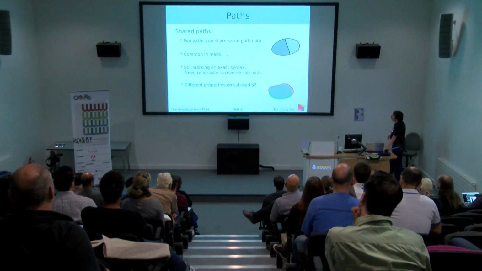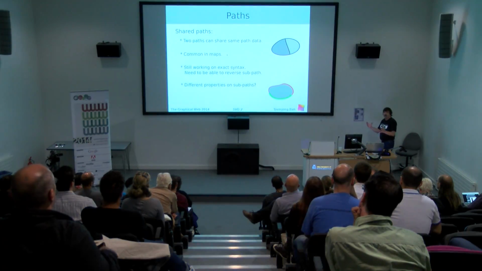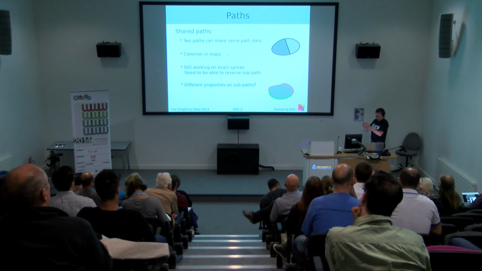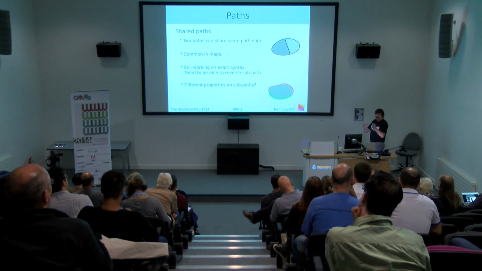And then one path will use it in one direction, and then the other path, the other country, will be able to reverse that path and use it to outline the country. And that actually has some advantages in that a renderer can know that this path is shared by 2 boundaries, and then you can solve some anti-aliasing problems with that.